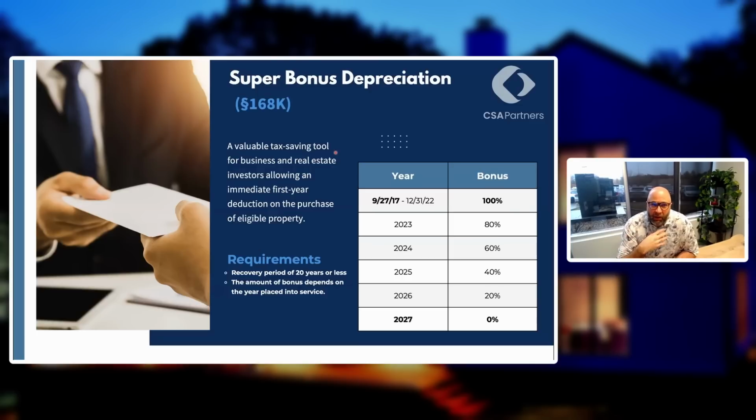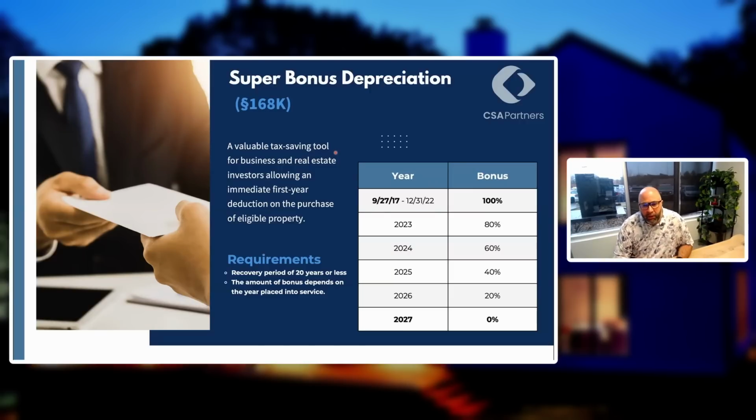That's an important piece to note. Again, the government wants us to go out and stimulate manufacturing and whatnot, so they said it's got to be brand new. Well, fast forward to the end of 2017, Donald Trump was our president at the time. Donald Trump revised the tax code, and Donald Trump owns real estate. And so the tax code was very favorable to real estate investors, and a couple of things changed.